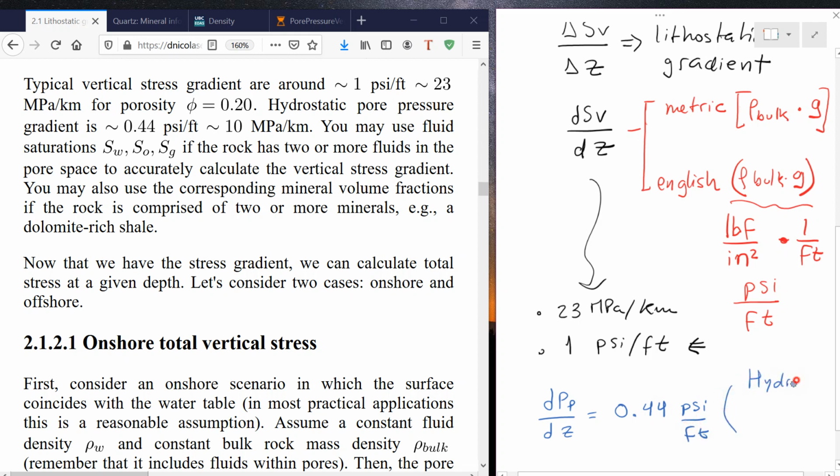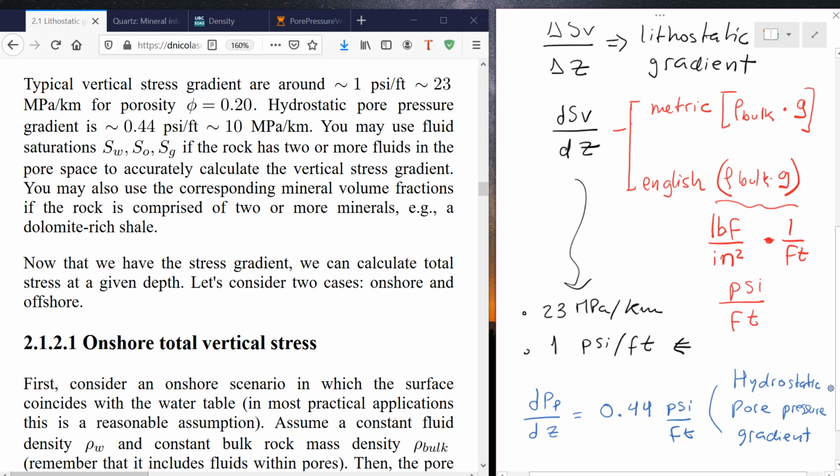And so we can see now that the lithostatic gradient, or vertical stress gradient, is about twice, a little bit more than the hydrostatic pore pressure gradient.